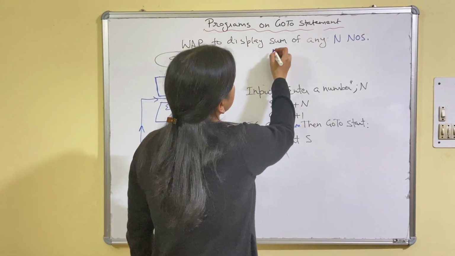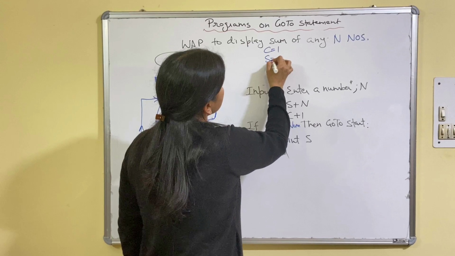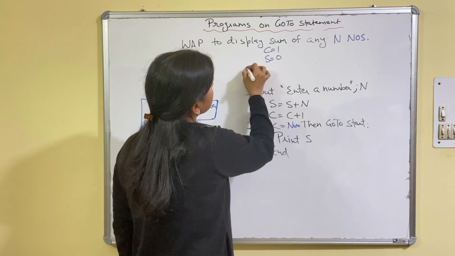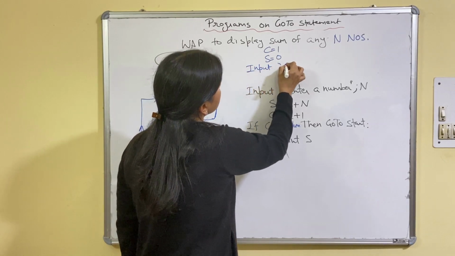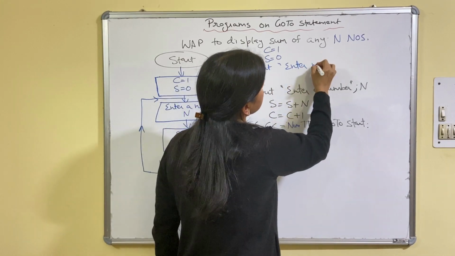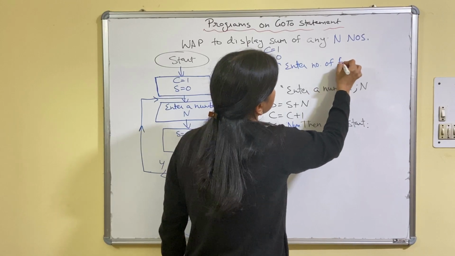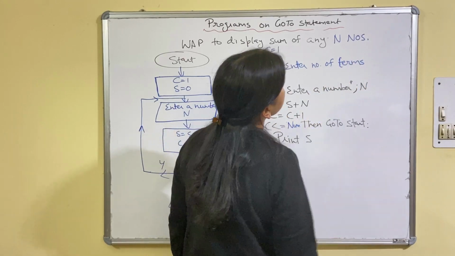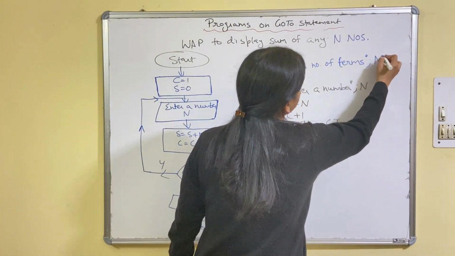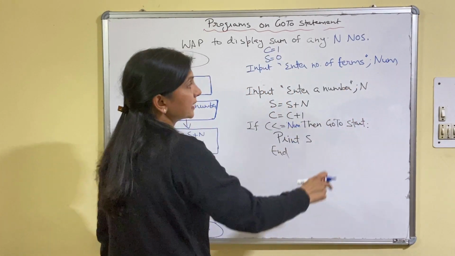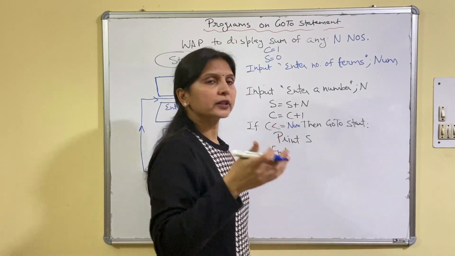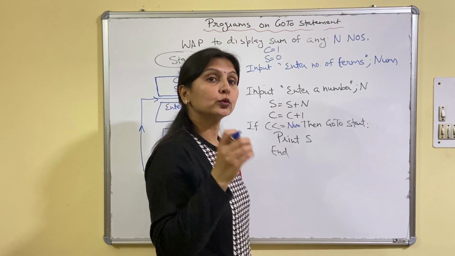Fine. Now C equals to 1, S equals to 0. Input: enter number of terms. Here I have taken variable num, because n we have already taken. N are the numbers present in the series, the terms which we are going to add.